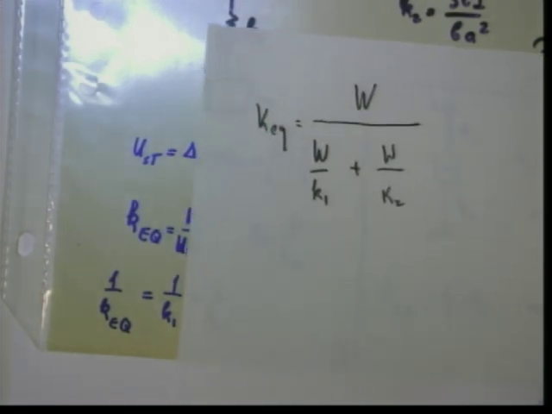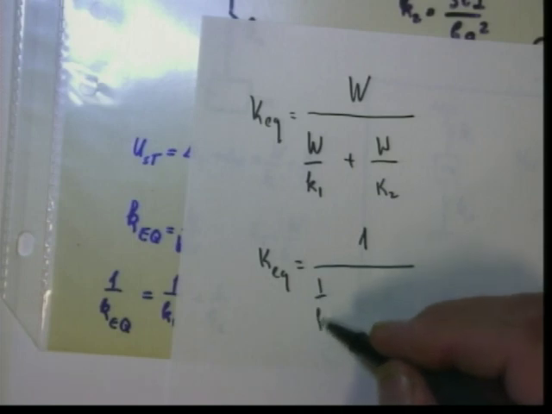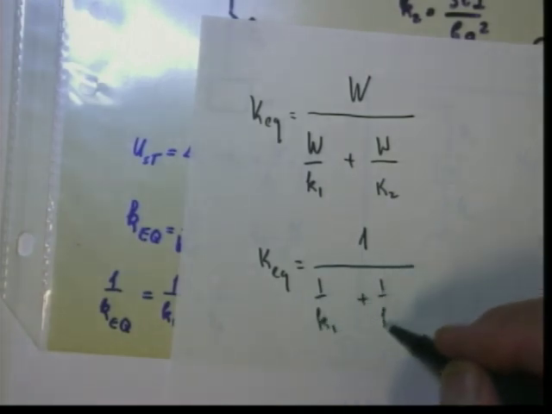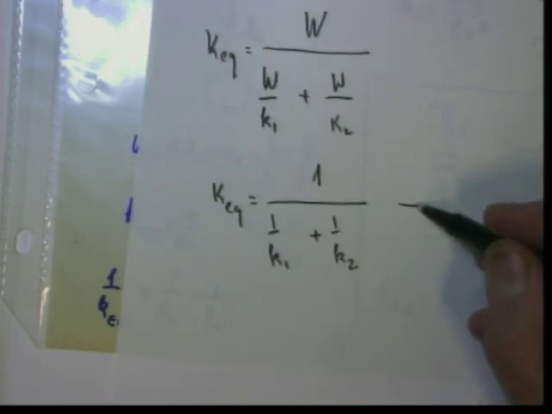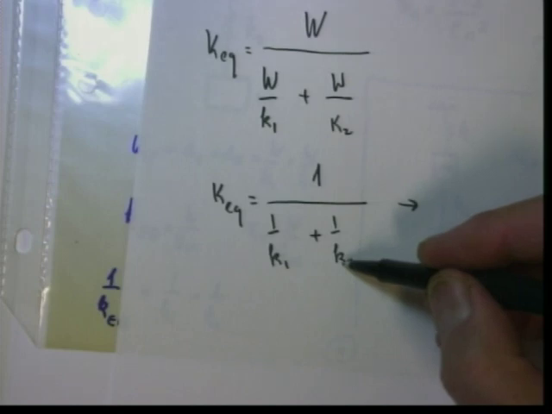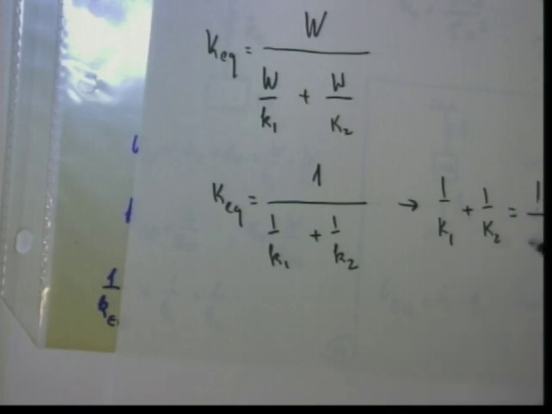So that is it. Or we get as follows: W can be cancelled. K equivalent equals 1 over K1 plus 1 over K2. Or that can be done like this: 1 over K1 plus 1 over K2 equals 1 over K equivalent.